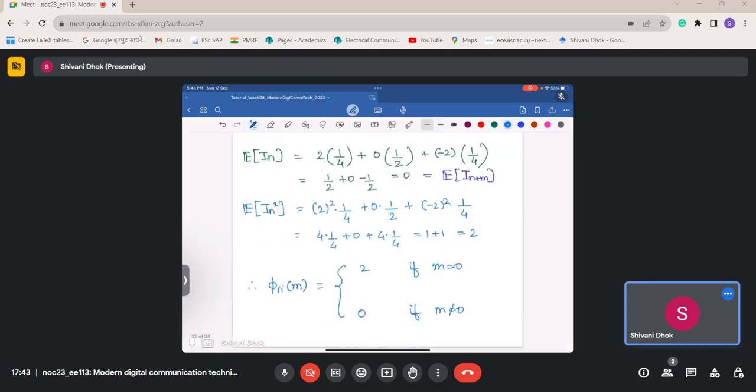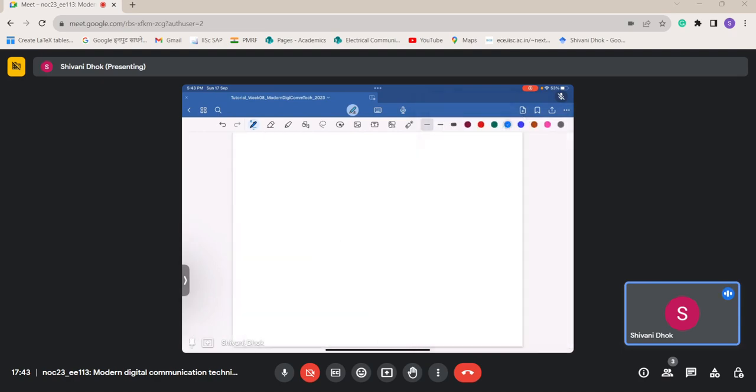And therefore what we are having is this phi I of f comes out to be summation m running from minus infinity to infinity phi I of m into e power minus j 2 pi f m capital T, which comes out to be 2 into e power 0 plus 0, which is simply 2.